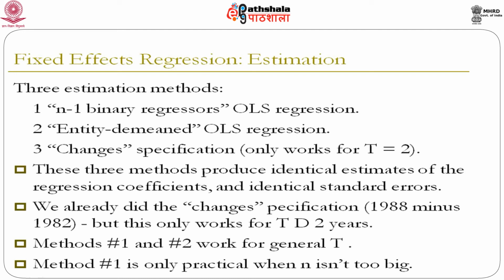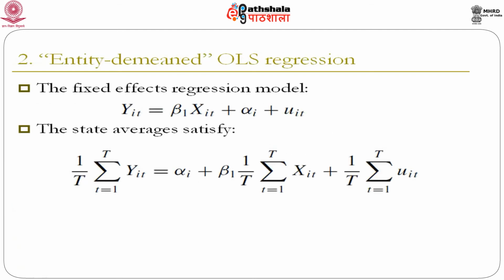Method 1 is applicable and practicable when n is not too large. So, in the fixed effect model you can have the state specific effect, that is, the effect for the state you can calculate.